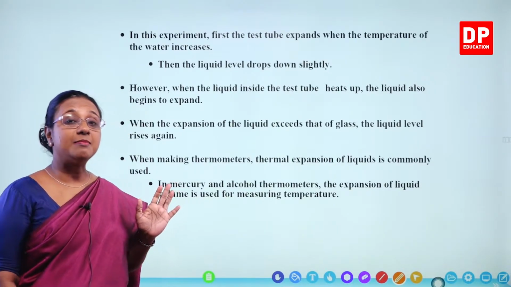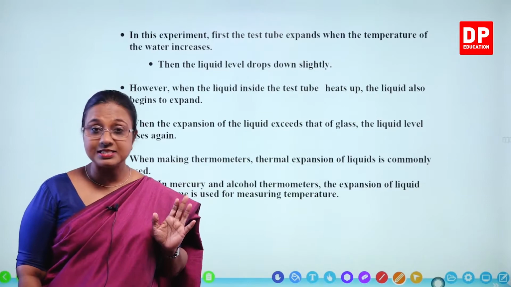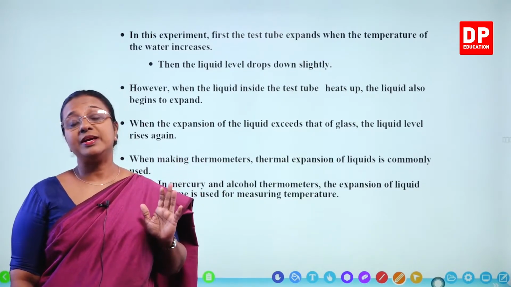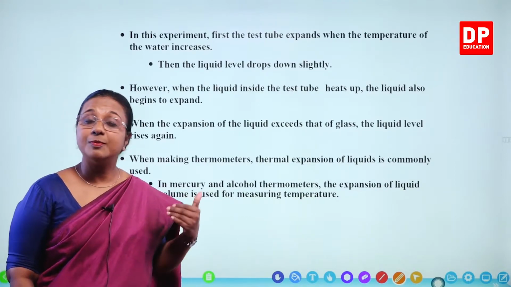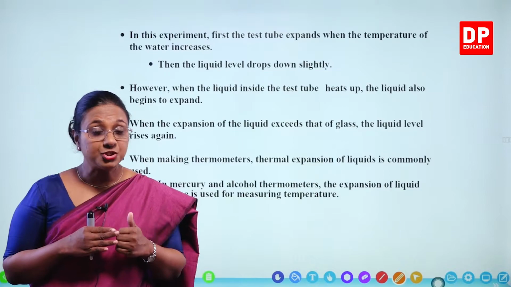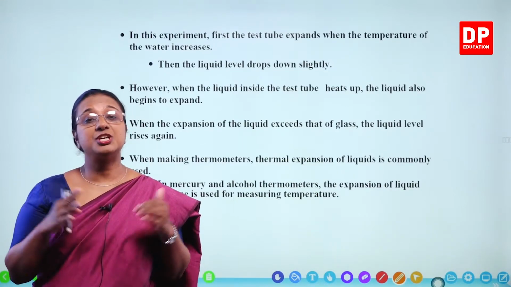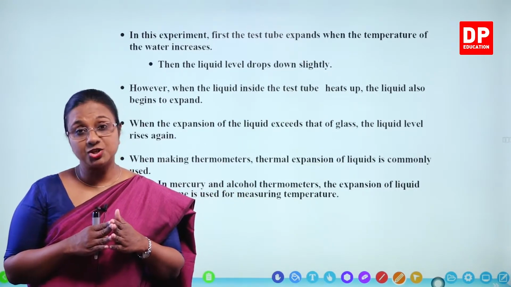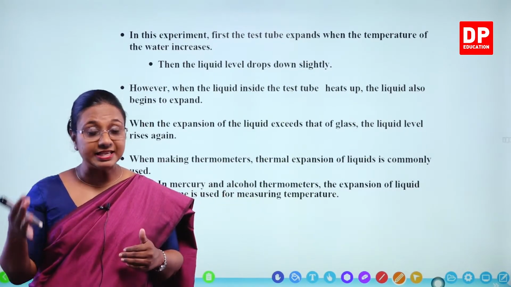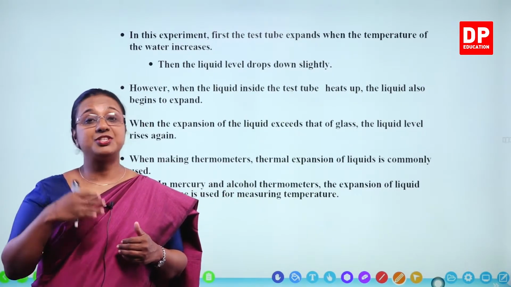So, if you can remember students, when we discussed these thermometers, we discussed why these two liquids were taken as suitable for thermometers. And there we discussed that they show uniform expansion over a broad range of temperature. So, over a broad range of temperature, they expand and that expansion is uniform.